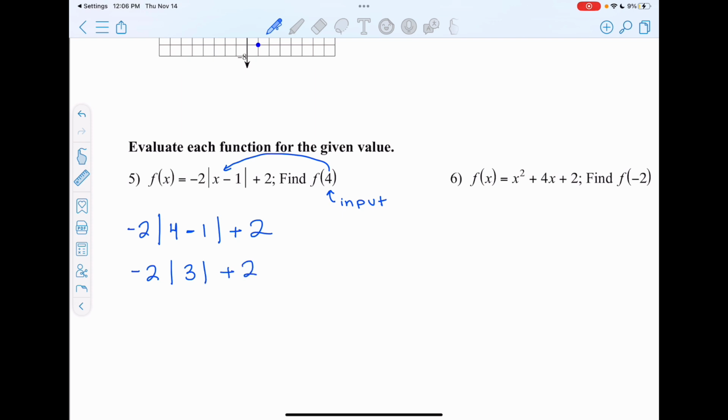And remember, those vertical lines mean absolute value. Absolute value needs to make sure that every number inside is positive. Since the 3 is already positive, it is just going to stay positive. -2 times 3 is -6, and -6 plus 2 is -4.